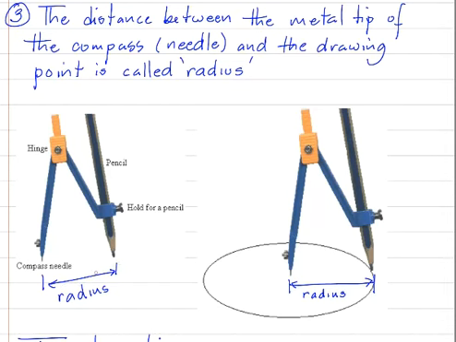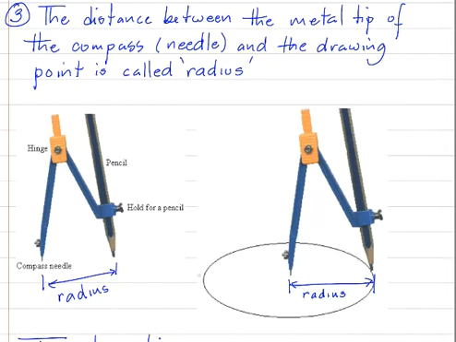So when you're given an instruction that says open your compass to a certain radius, we're talking about the distance between the metal tip or needle of the compass and the drawing point or the pencil point. The diagram to the right is showing why that distance is called a radius.